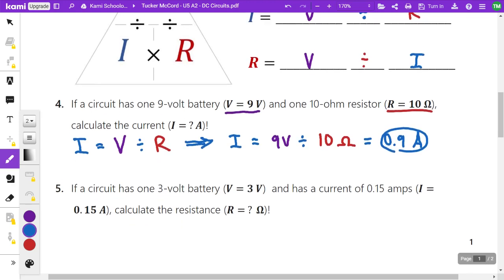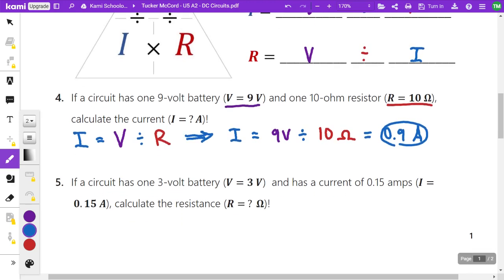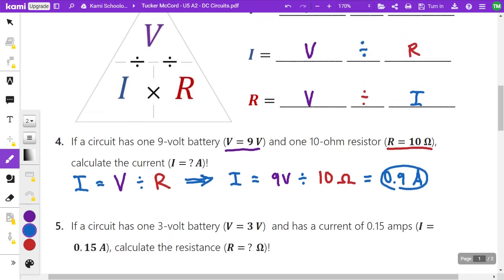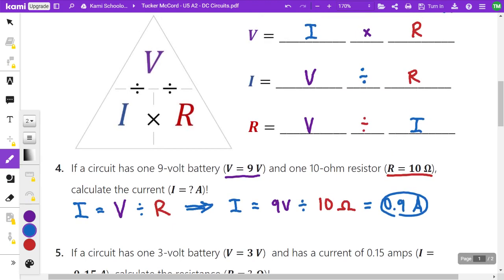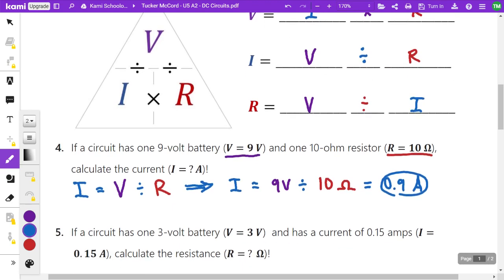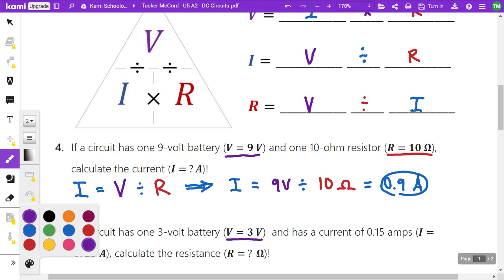Number 5 and number 6 work by the same kind of system where whatever we're trying to find, like resistance R, we need to use an equation where we're solving for that missing thing, like R, and then plug in the values that we do have, like a voltage of 3 volts and a current of 0.15 amps to solve for that missing thing, like resistance in ohms.